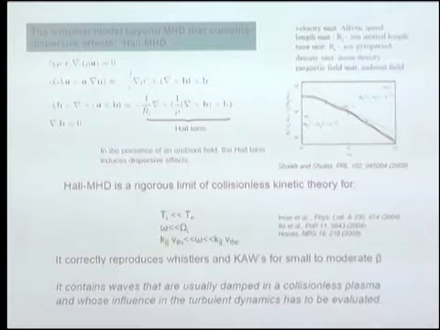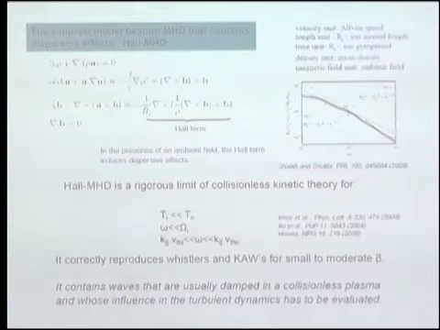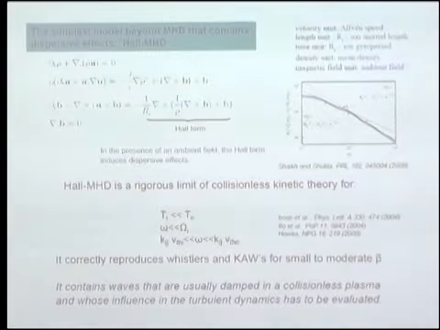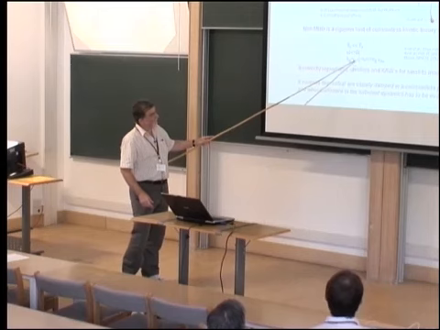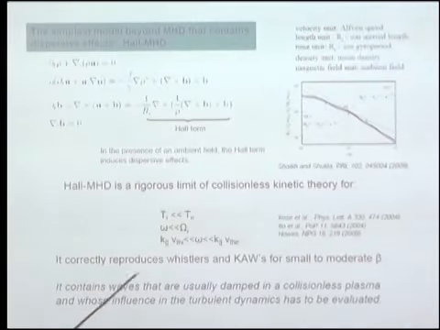So one of the simplest beyond-MHD models that can start to address this kind of questions is Hall MHD. Hall MHD is only correct for very restricted parameter ranges, like T_i much smaller than T_e, small frequency ranges, and frequencies between k_parallel v_thi and k_parallel v_the, the ion and electron thermal velocities.